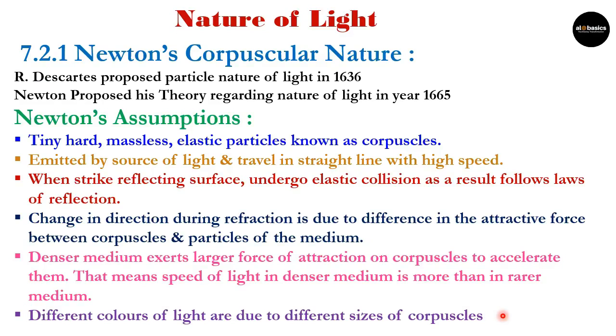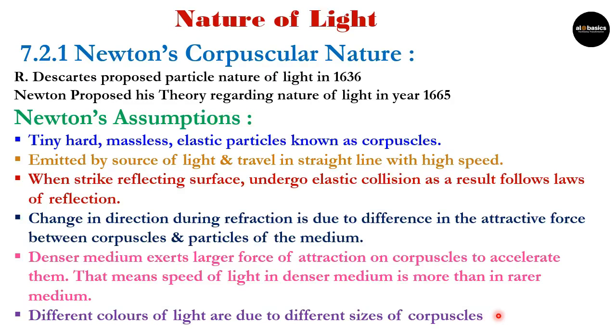So, the known phenomena were rectilinear propagation, reflection, refraction, and different colors, which he explained. But one more phenomenon was known at that time, simultaneous reflection and refraction of light, which he could not explain properly.